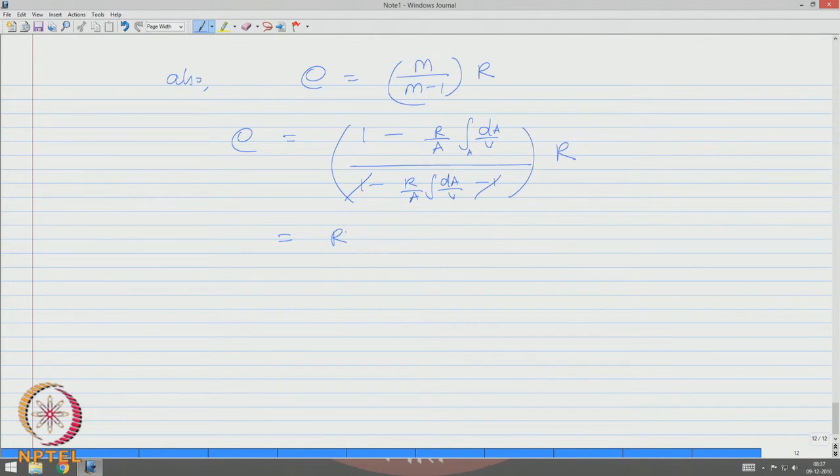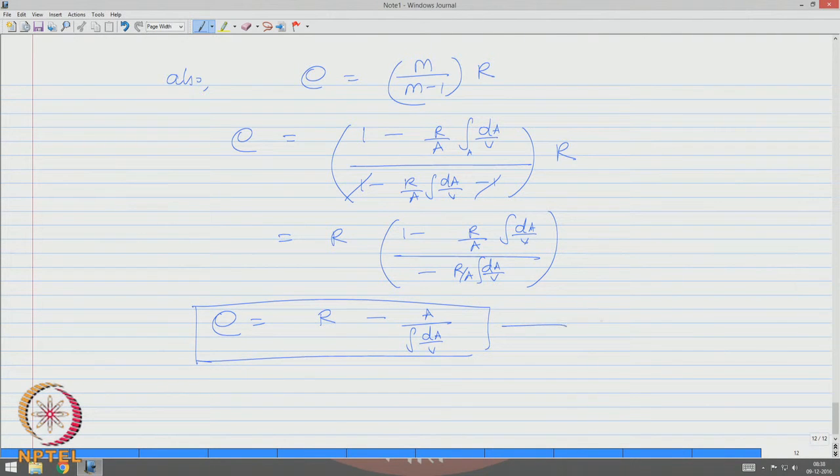R times 1 minus R by A integral dA by V, divided by minus R by A integral dA by V, which I can say as E is R minus A by the integral dA by V. Using this relationship, which is equation 9, let us find E in our case.